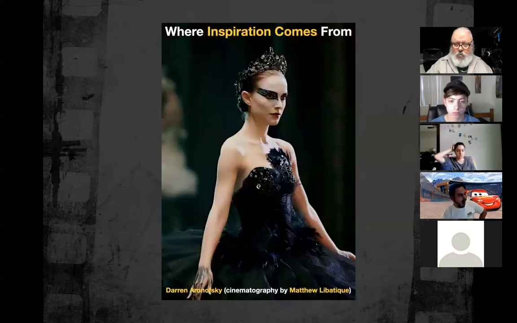And then you can sort of see similar attitudes in this lighting. This is Black Swan. This is Natalie Portman. And has anybody not seen Black Swan? So in Black Swan, there's the two dancers, right?